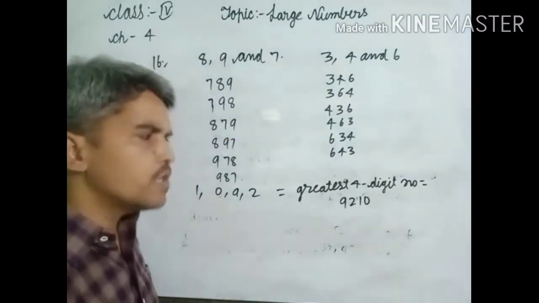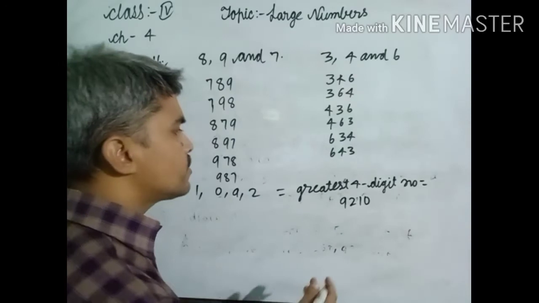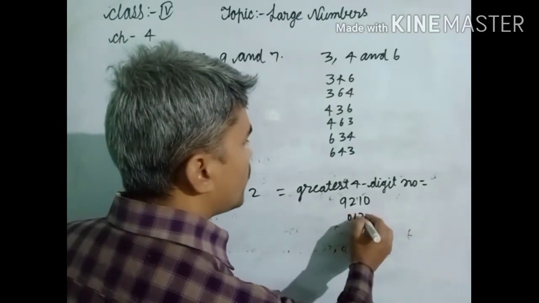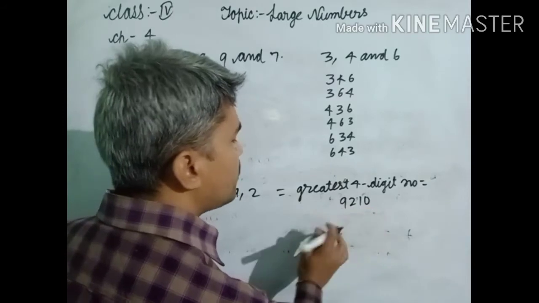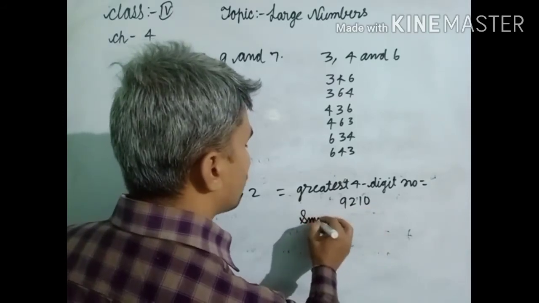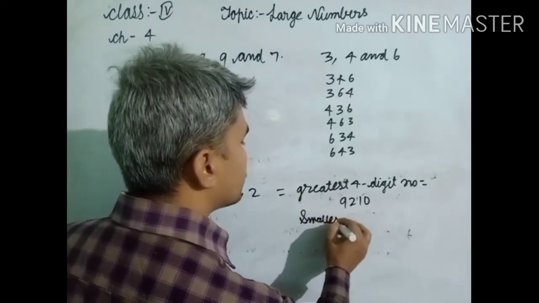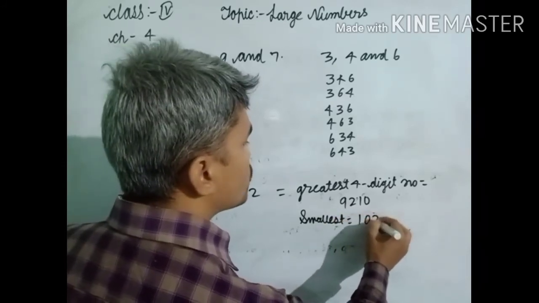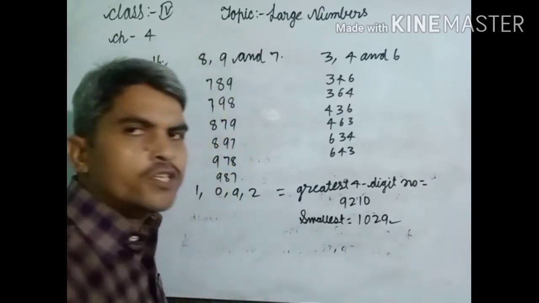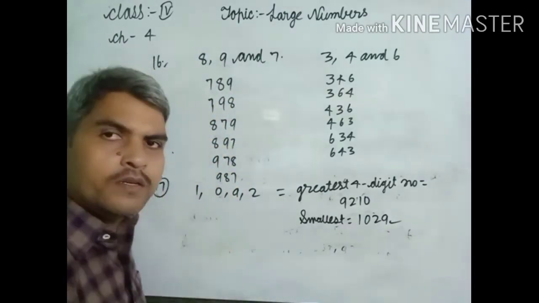When asked for the smallest, you do not write 0, 1, 2, 9, because that is wrong. You write 1, 0, 2, 9. This is the smallest 4-digit number of the given digits.